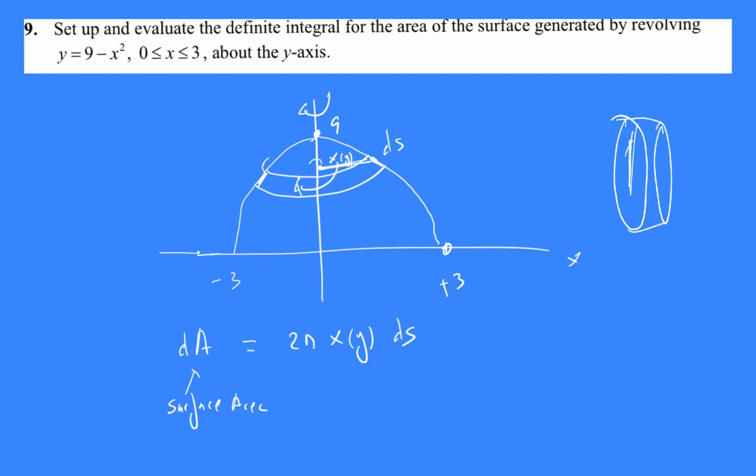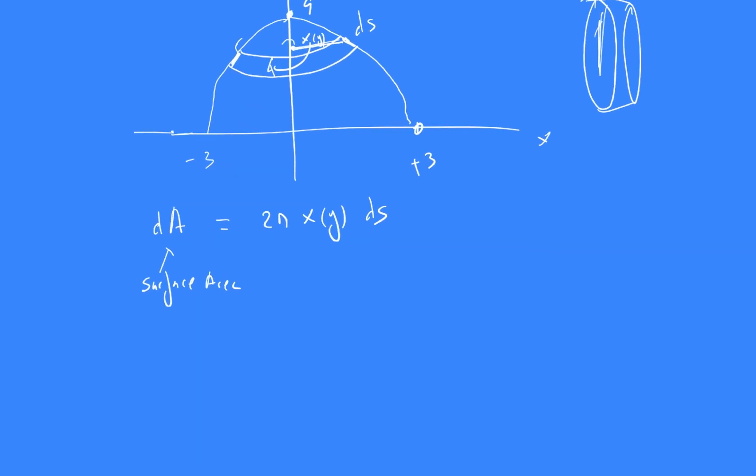Now in this case, when you rotate through the y-axis, there is a detail here. ds squared is dx squared plus dy squared. When we found the element of the arc length, this is the arc length. Now you remember the trick. We divided by dx. Now we are going to do it the opposite way.